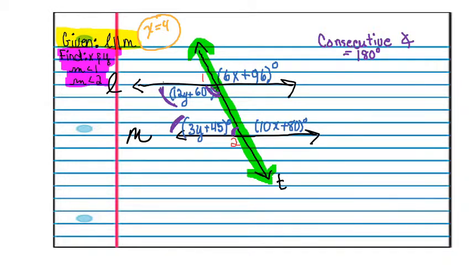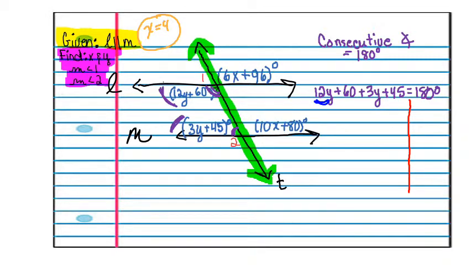So my setup here is going to be to add them together, plus the 45 here, and it all equals 180 degrees. Okay, going to start with that little fence of equality.